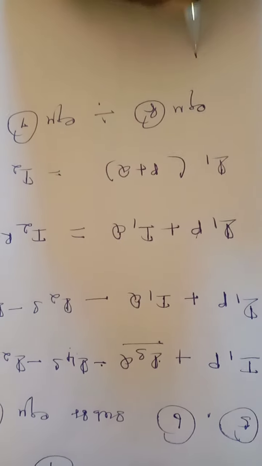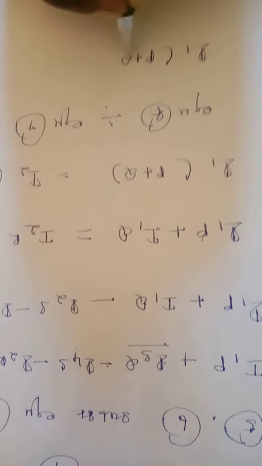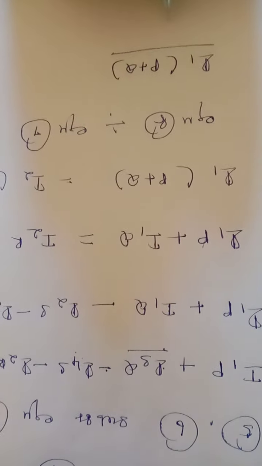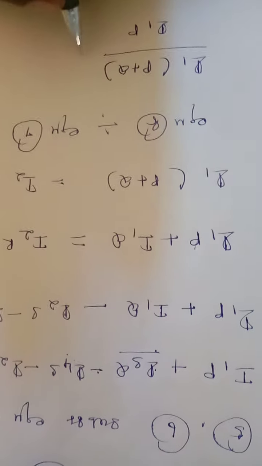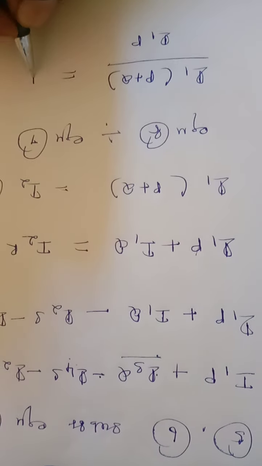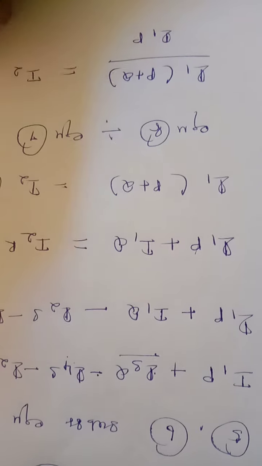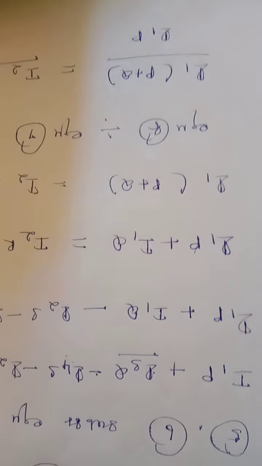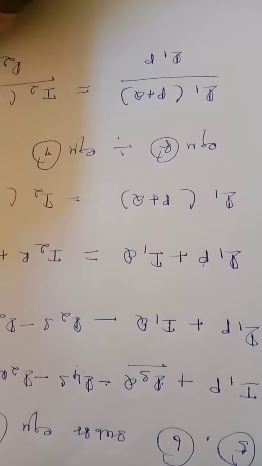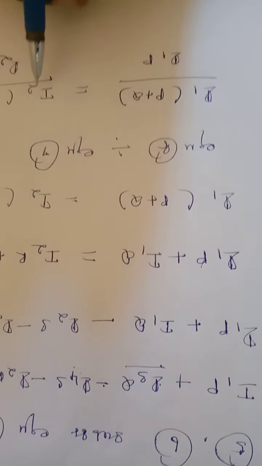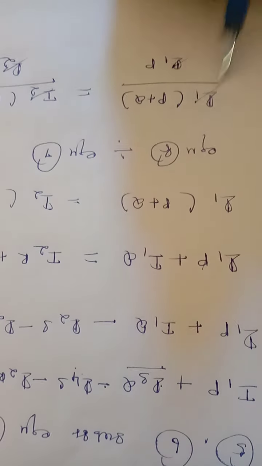From the equations, I1(P plus Q) by I1P is equal to I2(R plus S) by I2R. I2 cancels and I1 cancels.